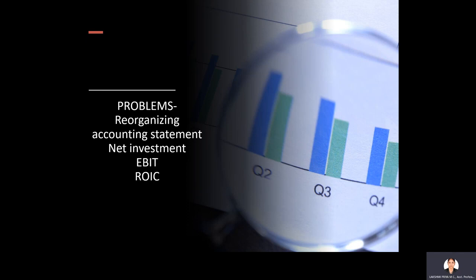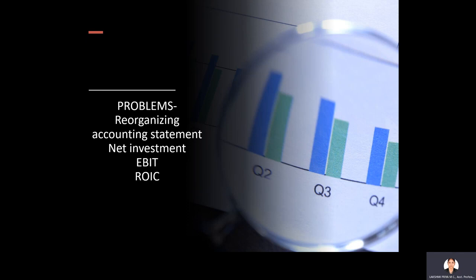Taxes on EBIT are calculated by adjusting the income tax provision for the income tax attributable to interest expense, interest and dividend income from excess marketable securities, and non-operating income. By doing such operations, we will arrive at NOPLAT.